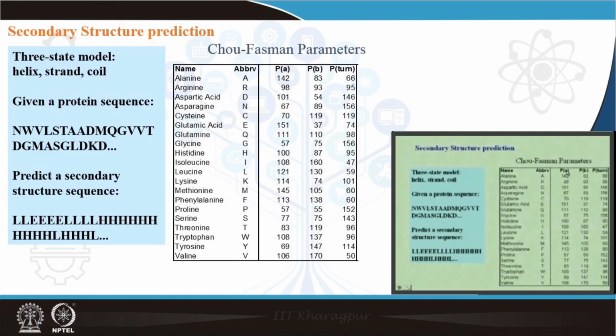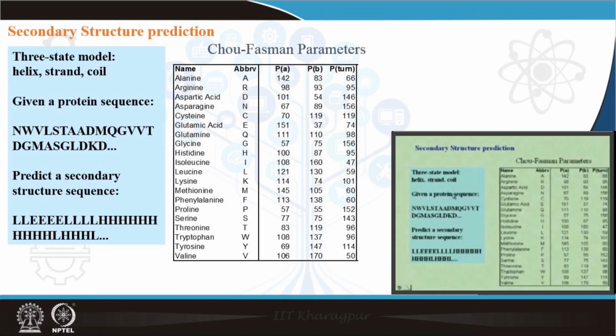So let's go through it once more. What this table tells you is that you see all the 20 amino acids here. The numbers here tell you whether these amino acids are going to form A's, that's alpha helices, B's, that's beta strands, or coils, that's turns.